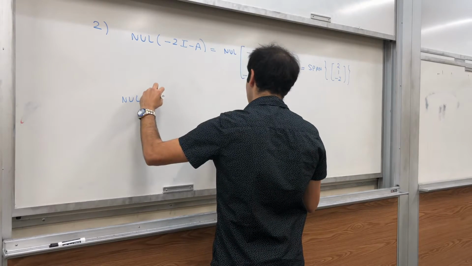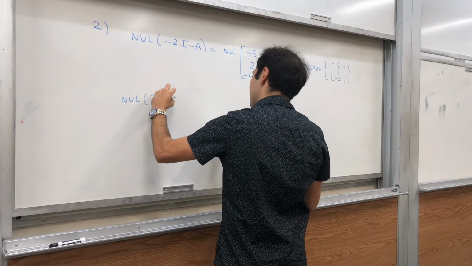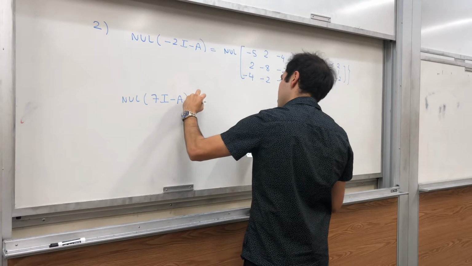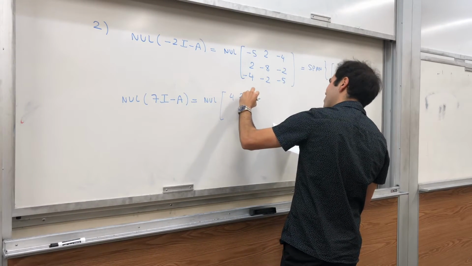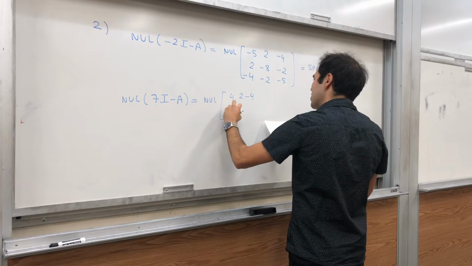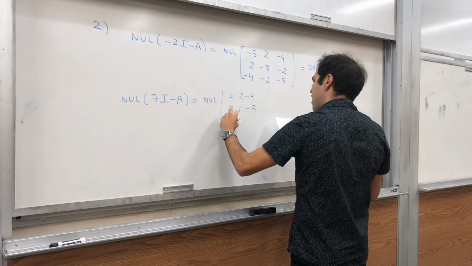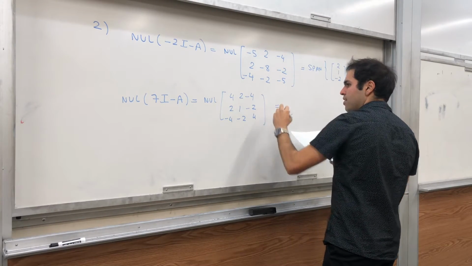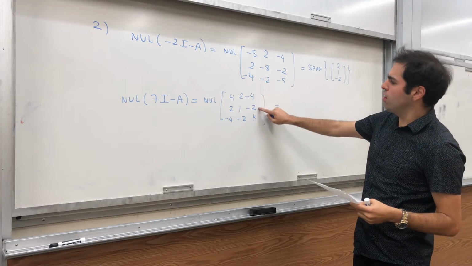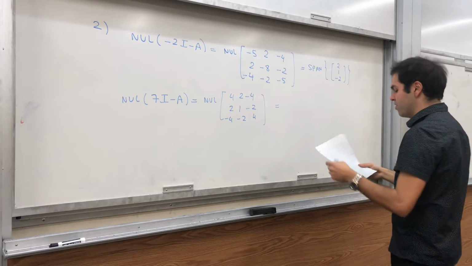Next thing, let's do the null space of 7I minus A. Well, here it's the null space of the matrix with rows 4, 2, 4; 2, 1, 2; 4, 2, 4. And notice what's nice, all the rows are multiples of each other.